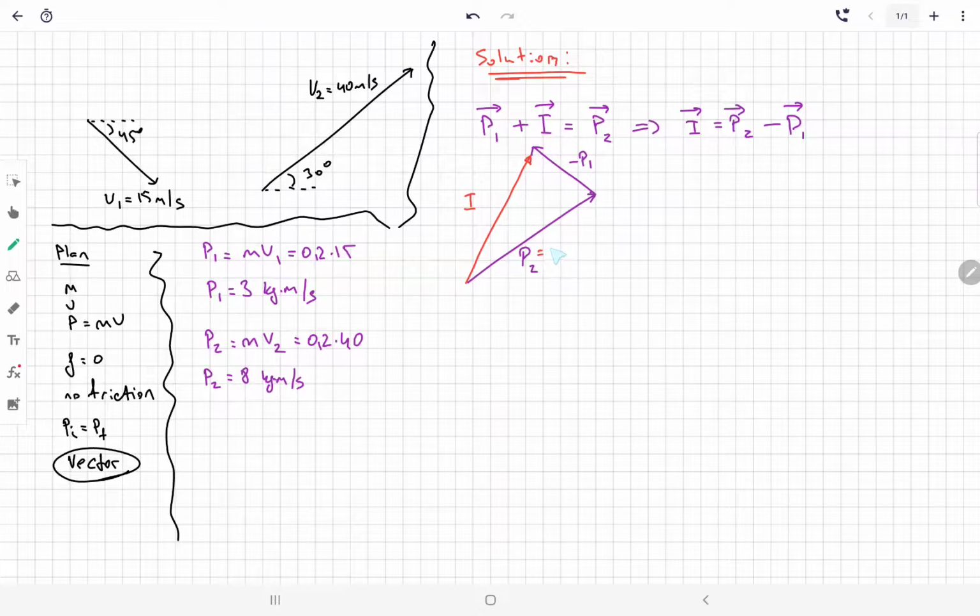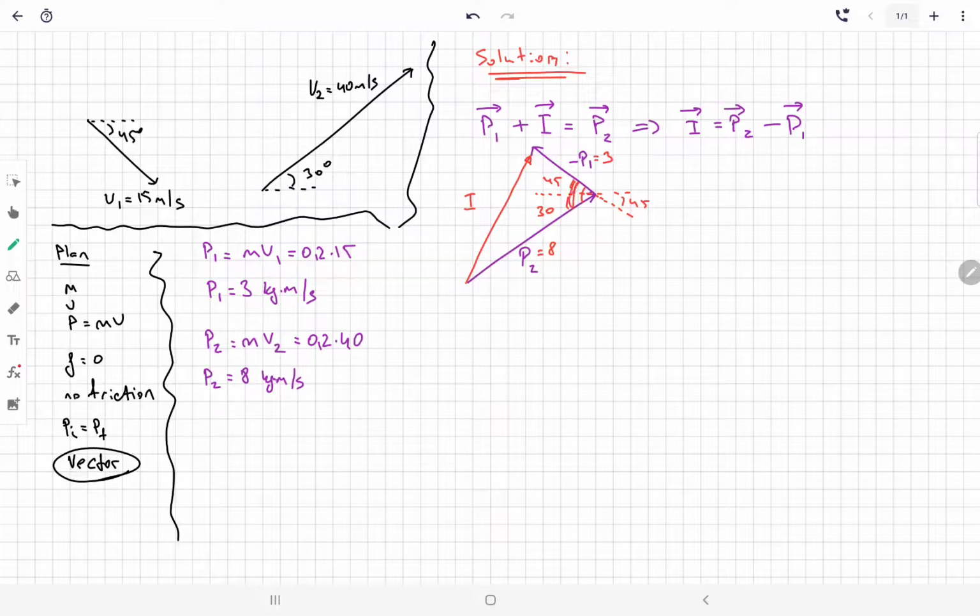So this side of the triangle equals 8, this side of the triangle equals 3. This angle will be equal to what? We know that if we draw the horizontal line, this angle is 30 degrees. This angle, so here it was 45.